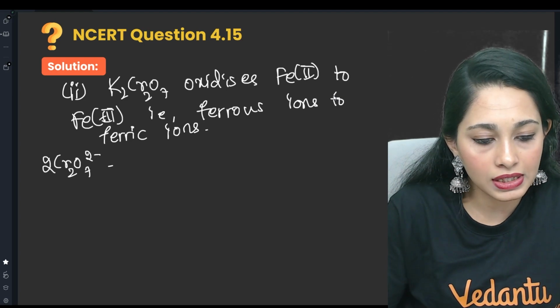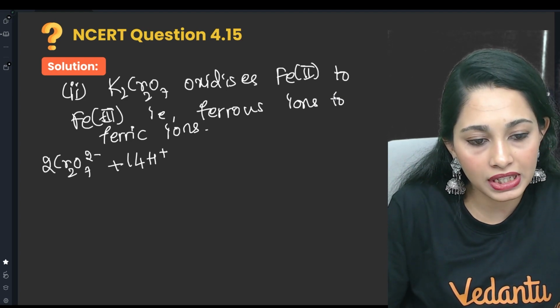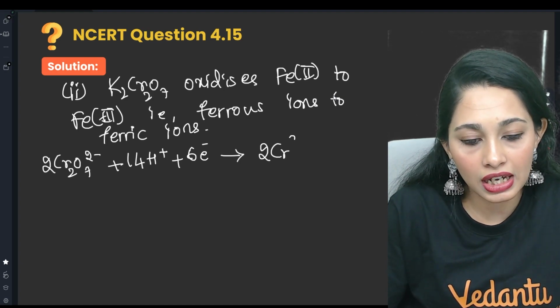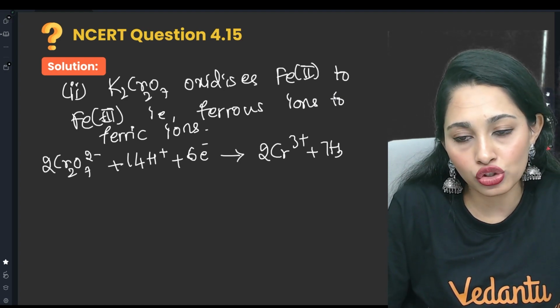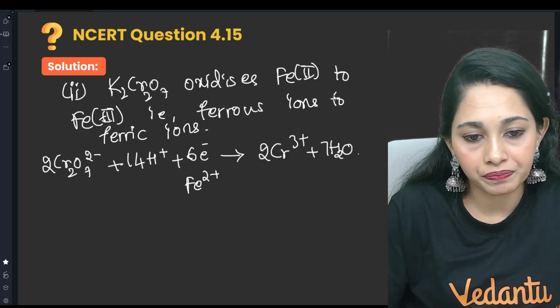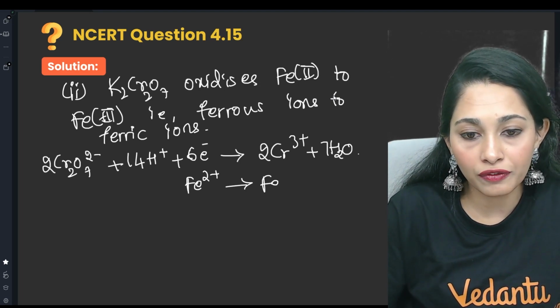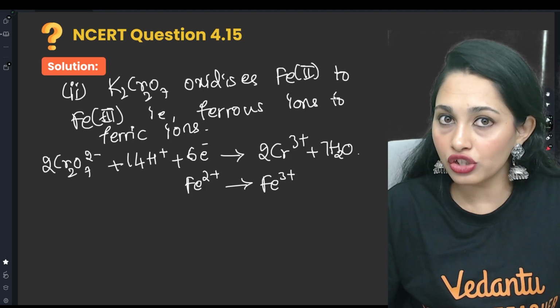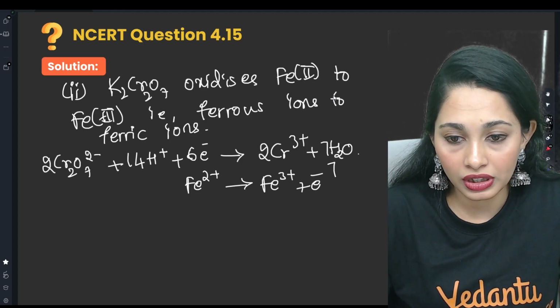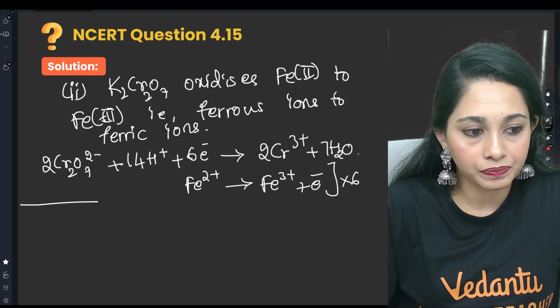Cr2O7 2 minus plus 14H plus 6 electrons gives 2Cr3 plus 7H2O. Okay, so we have Fe2 plus now. It will be oxidized to Fe3 plus. Oxidation means removal of electron: Fe2 plus to Fe3 plus plus electron. This will be multiplied by 6.